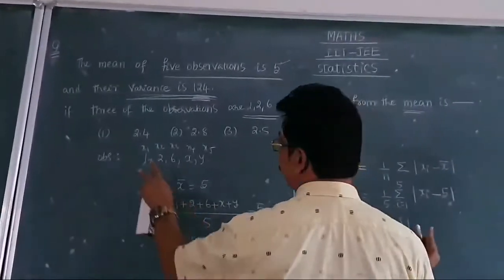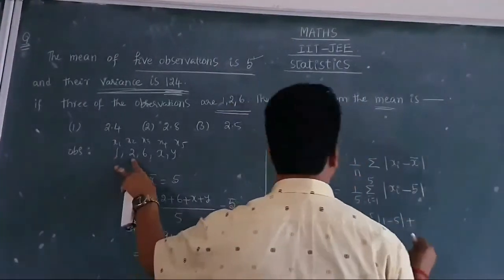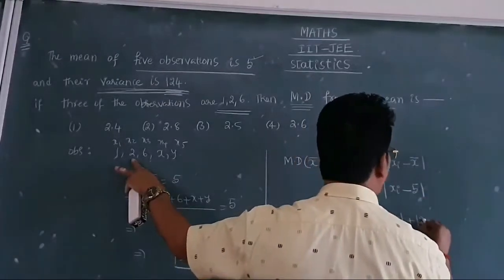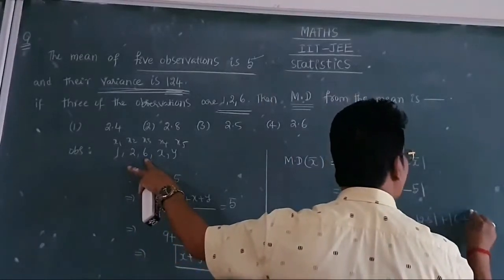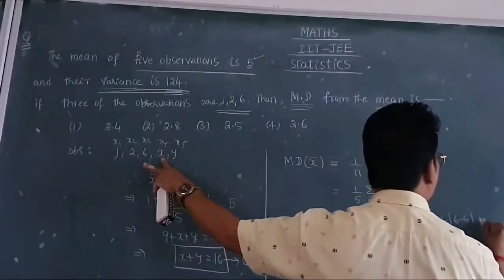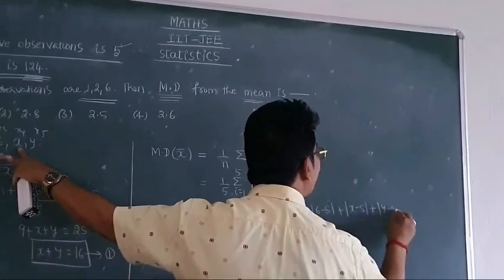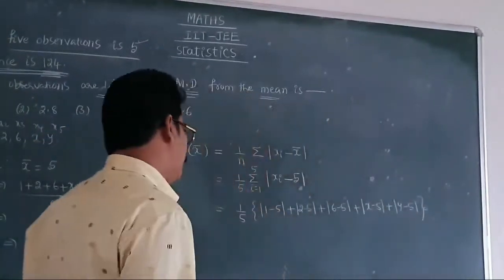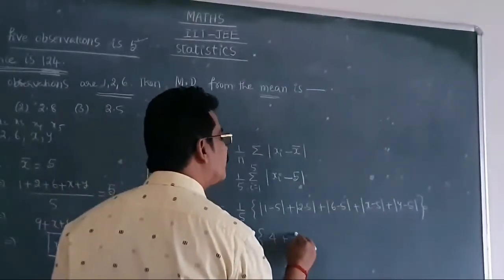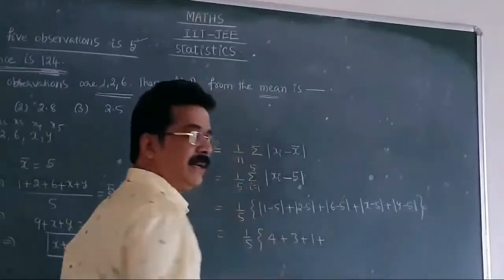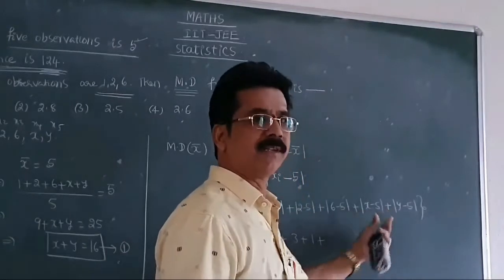So modulus of 1 minus 5 plus modulus of 2 minus 5 plus modulus of 6 minus 5 plus modulus of x minus 5 plus modulus of y minus 5. So that is equal to 1 by 5 into 4 plus 3 plus 1 plus, we are playing logic. Modulus means always it is in positive sense.